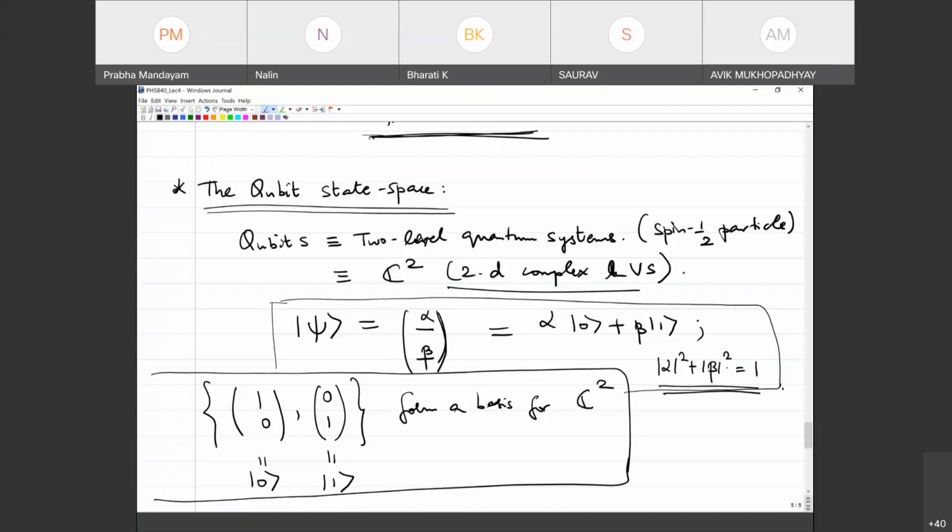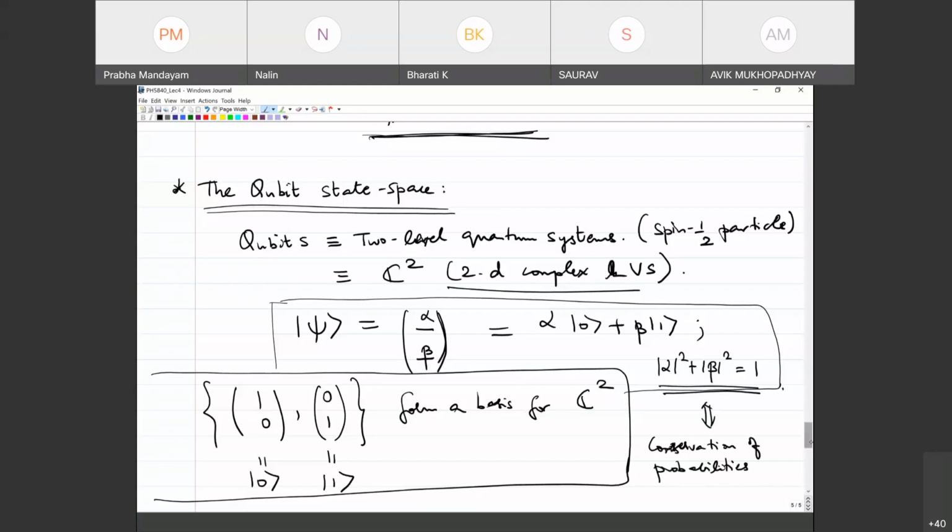This constraint of unit norm is a physical constraint related to conservation of probabilities, okay? We'll come to this when we discuss measurement. That is where this constraint comes from, right?